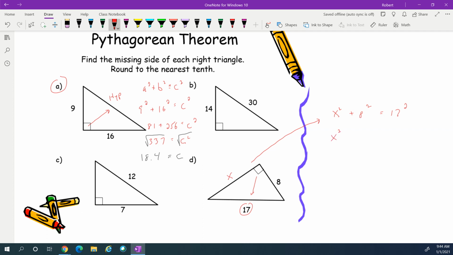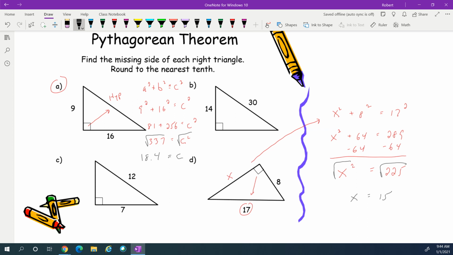So that gives us x squared, 8 squared for 64, and 17 squared is 289. Of course, we're going to follow our rules of algebra. We subtract 64 from both sides, and we get x squared equals 225. And again, we need x, not x squared, so we take the square root, and x equals 15.